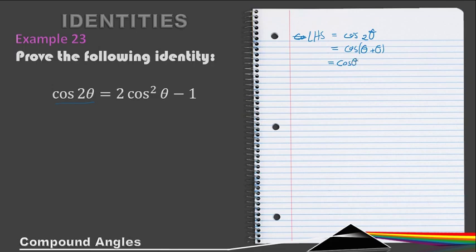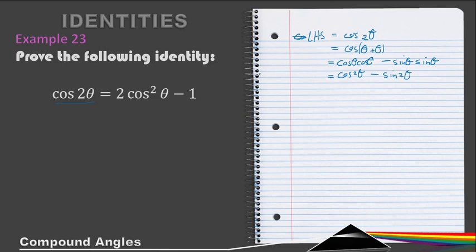Cos theta cos theta minus sine theta sine theta. Simplifying that, we get cos squared theta minus sine squared theta.